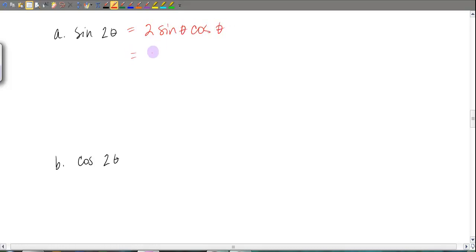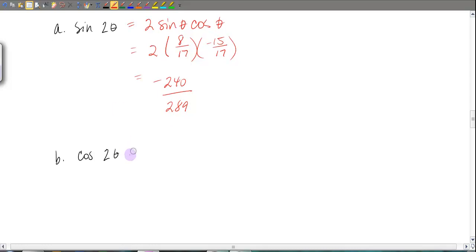Well, that would be 2 times sine theta, which we are told is 8 over 17. Cosine we just calculated was negative 15 over 17. And we're going to just multiply these together using our calculator. When you do that, you should get negative 240 over 289.